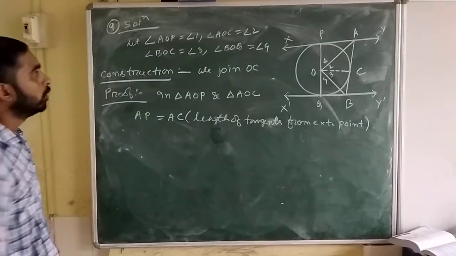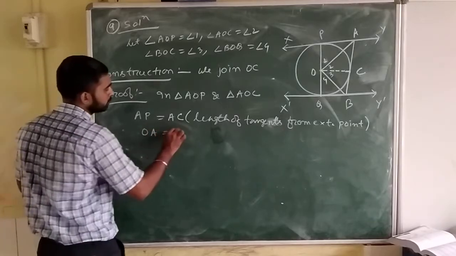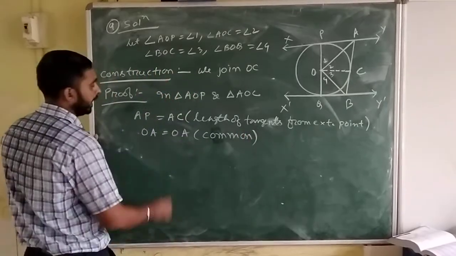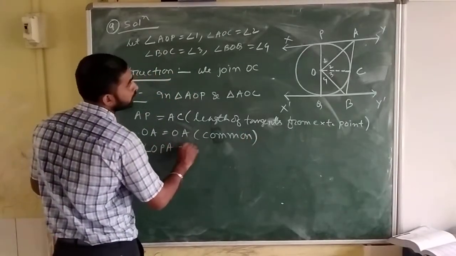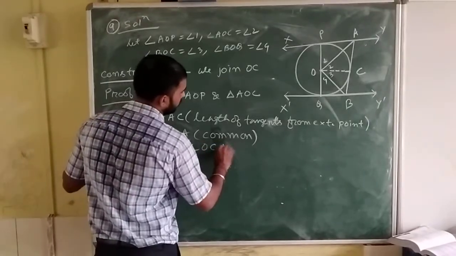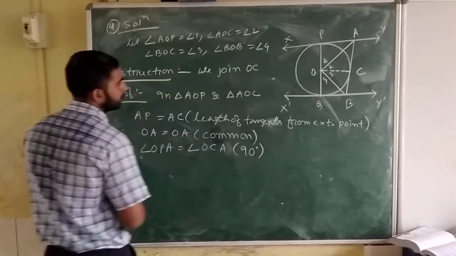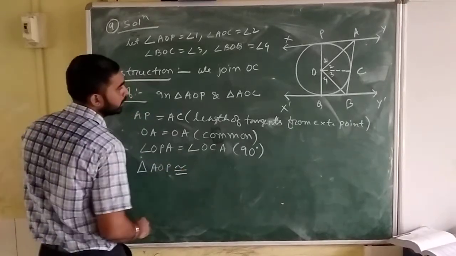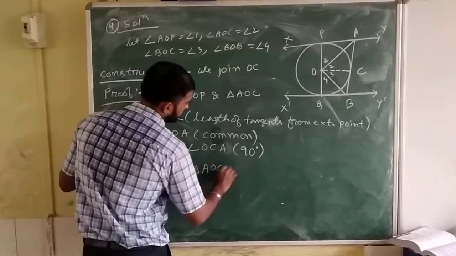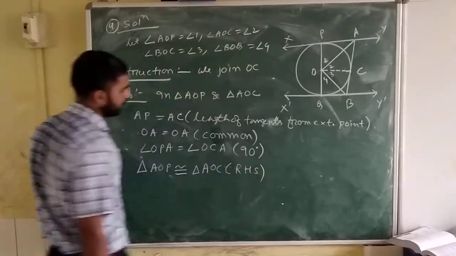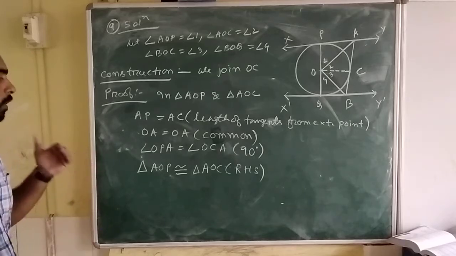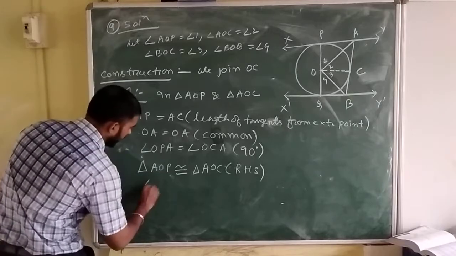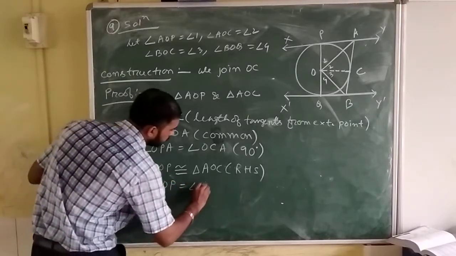OA equals OA. Angle OPA equals angle OCA, both are 90 degrees. Therefore, triangle AOP is congruent to triangle AOC by RHS, right angle-hypotenuse-side. So angle AOP equals angle AOC.